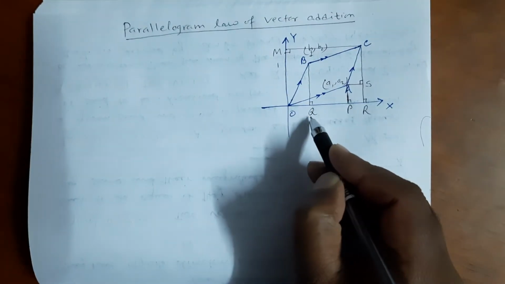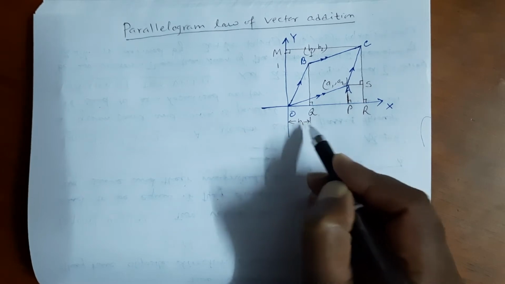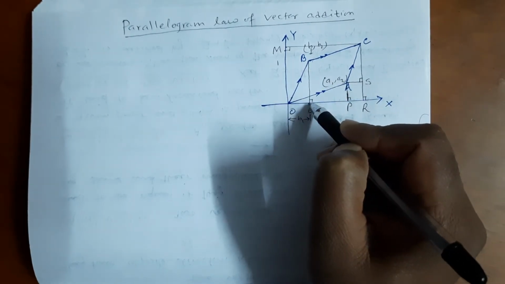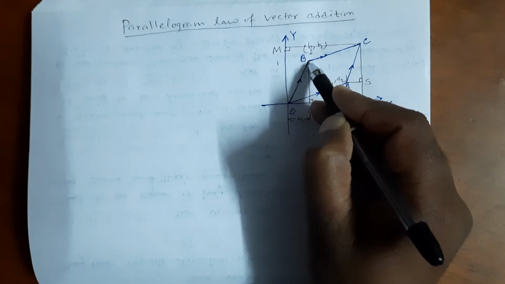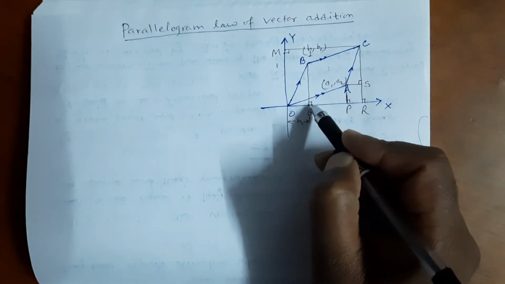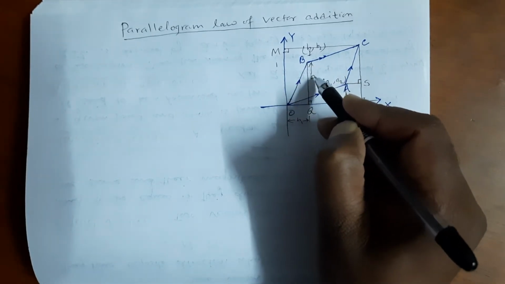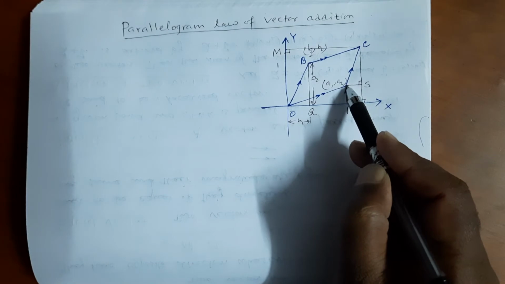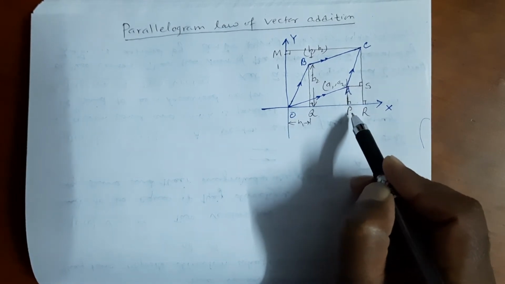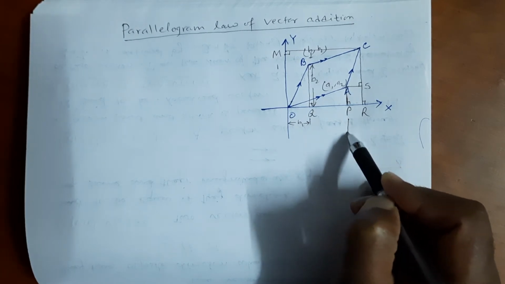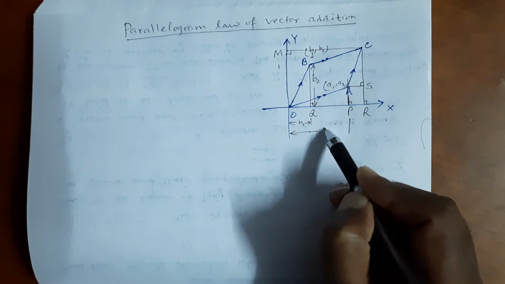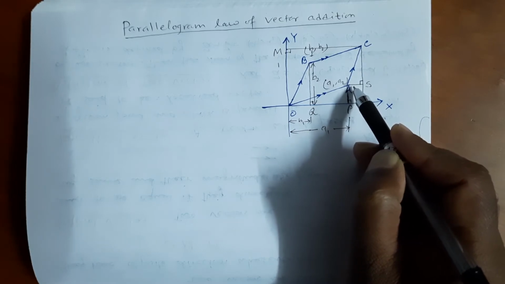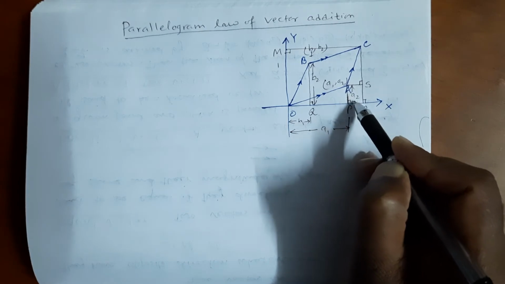So OQ is B1 steps right and QB is B2, because B is B1 steps right and B2 steps up. Similarly, the coordinate of A is (A1, A2), which means vector OA is (A1, A2). So OP is A1 and AP is A2.